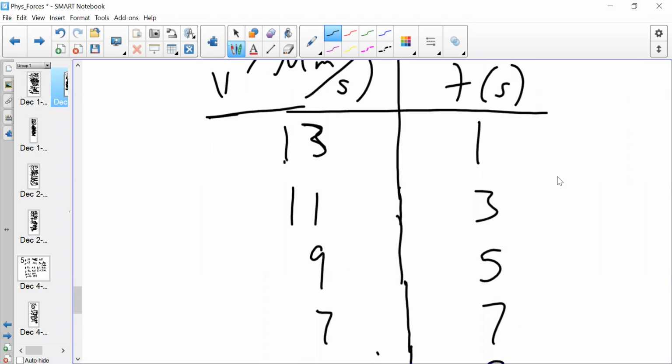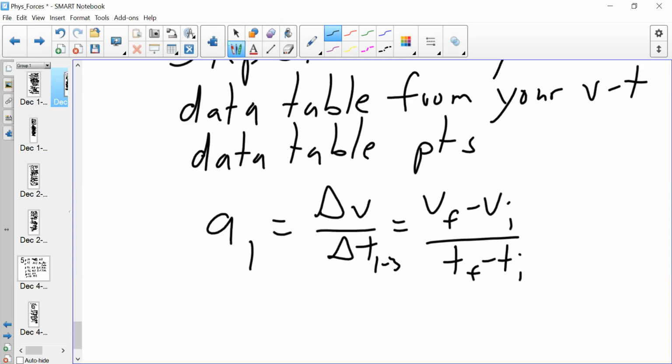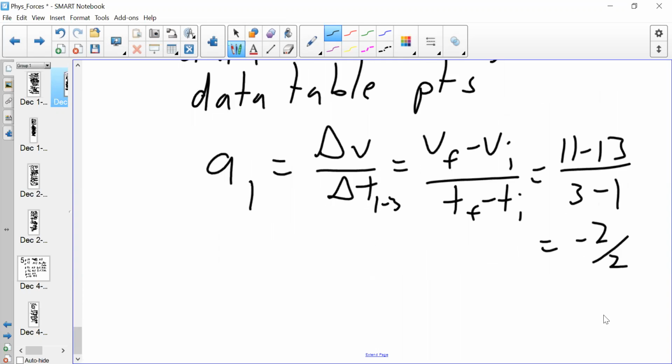So 11 minus 13 over 2. And you see where this is going. Negative 2 over 2, megameters per second squared.